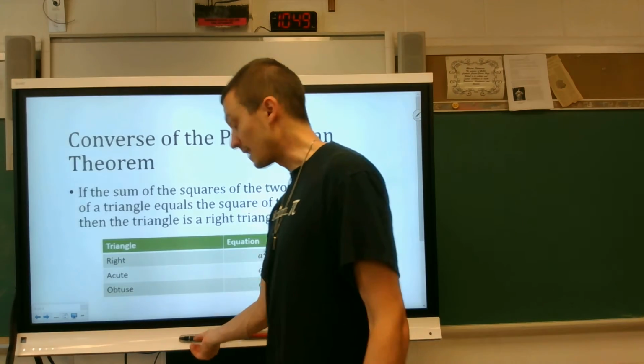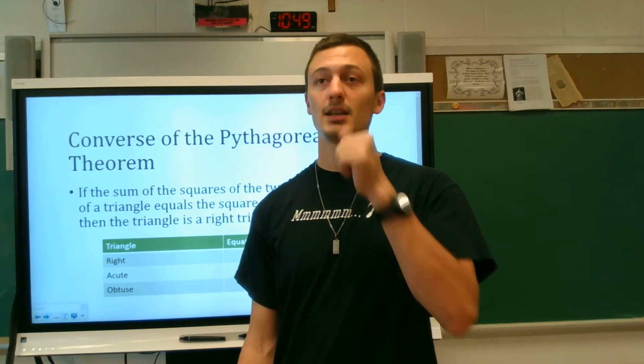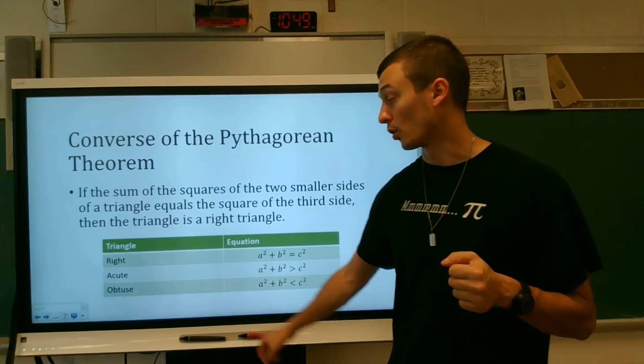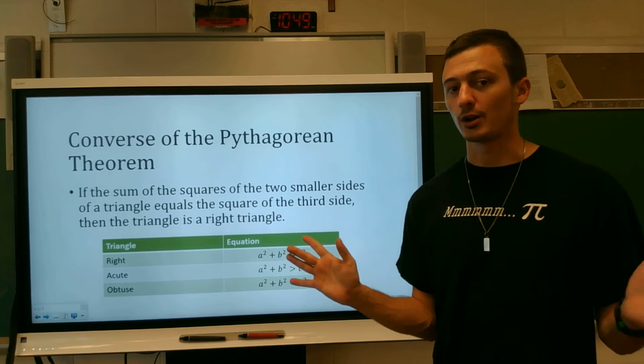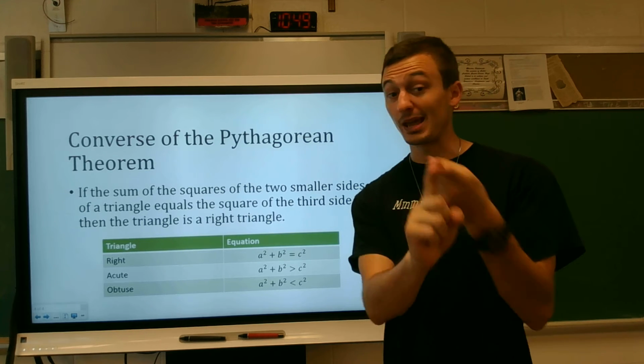So, if you know it's a right triangle, you can solve for one of the sides. If you have all three sides, you can determine whether it's a right triangle or not, or an acute or an obtuse triangle, as long as all the sides make a triangle. So you can use the triangle inequality to figure out if the three lengths you're given even make a triangle.